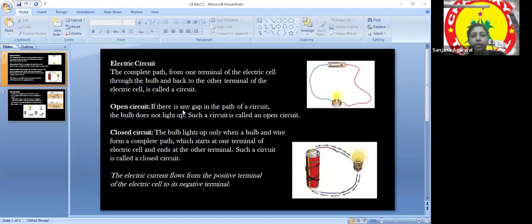Oh, next PPT is here. Electric circuit. Suppose you have a simple electric wire. Okay, you have a simple electric bulb. Next time in the next class, you have to be ready with the following material for the activity.